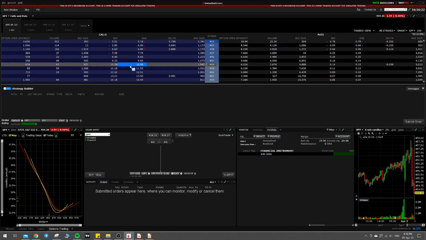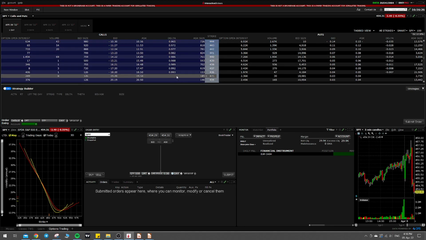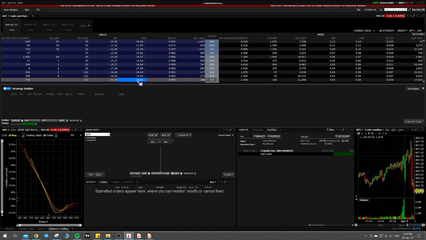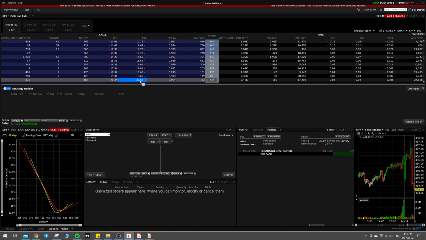Let's take another one, which is going to be easier for us to calculate. We can see that this one has a delta of almost 1, so we can calculate it as 1. The price of this option is $20.50 right now. If the current price 455 goes to 456, the price of this option is going to be 21.67, and so on.